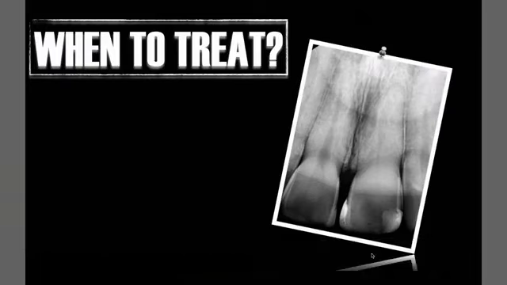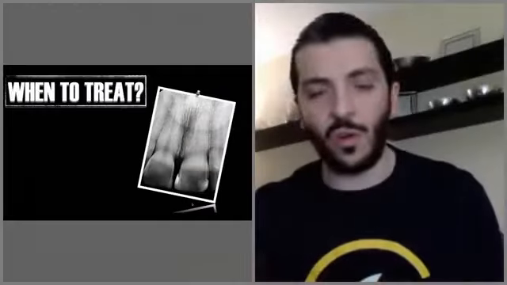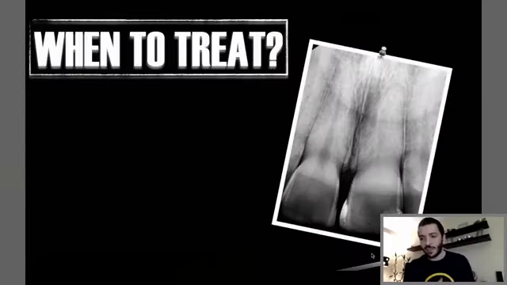Then, when I cannot find any root canal orifice or I feel that I am lost, I can inject some radio-opaque materials such as bioceramic sealer or calcium hydroxide, just inject inside the pulp chamber and do the CBCT. Then it will guide me through where I was drilling, or through the orifices of the pulp chamber or of the root canals.